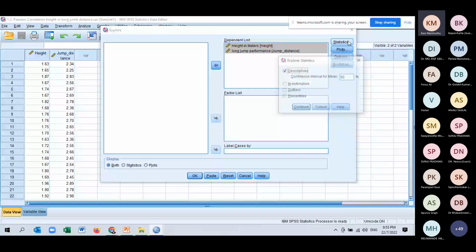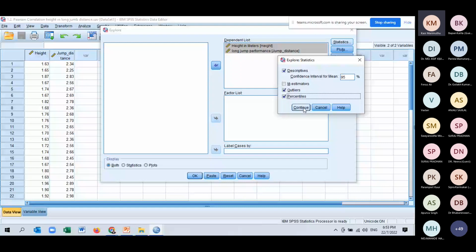Then click Statistics. By default, descriptive statistics has been chosen. If you are interested in looking at outliers, that is also possible, so you can click Outliers and Percentiles as well, and continue.